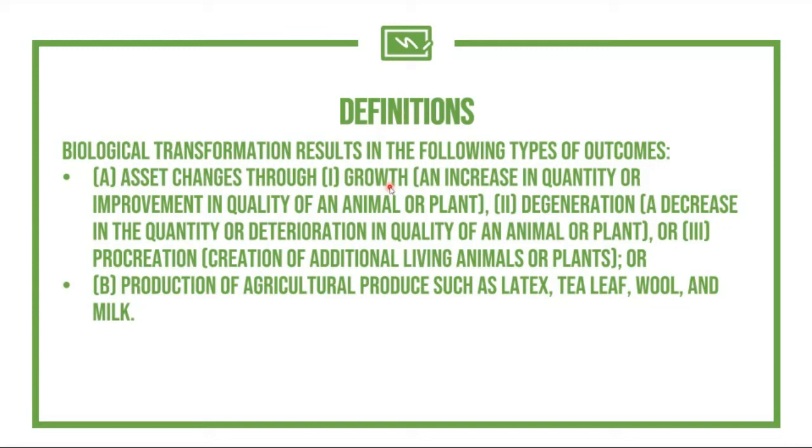Of course, the growth of plants and animals differ from each other, so you need to know whether it is growing. Degeneration: once the maximum growth potential has already been reached, the next part is degeneration already, meaning the quality and the quantity are already deteriorating.